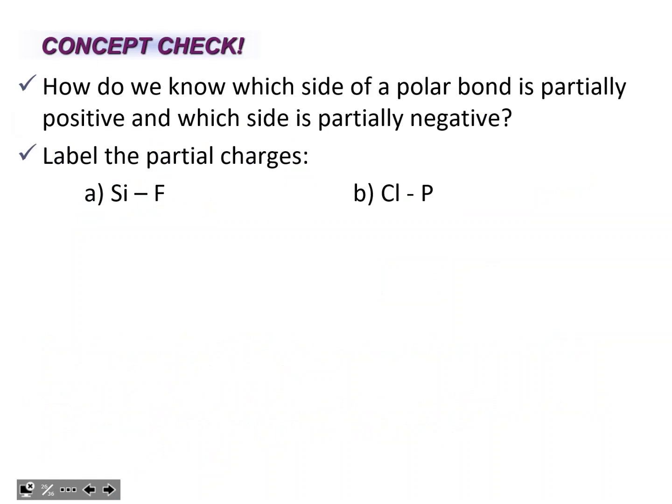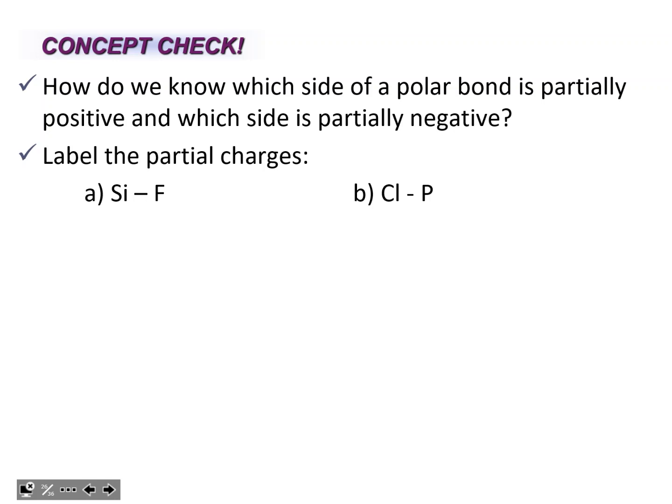Alright, how do we know which side of a polar bond is partially positive and which side is partially negative? Label the partial charges. So, we briefly talked about which way the dipole moment would go. It's going to point towards the more electronegative element.